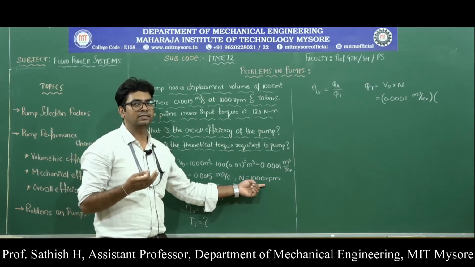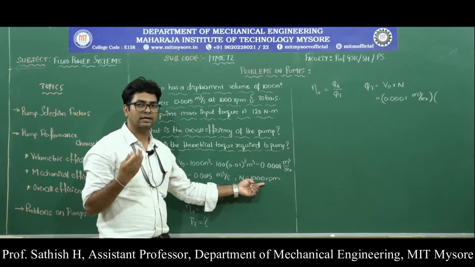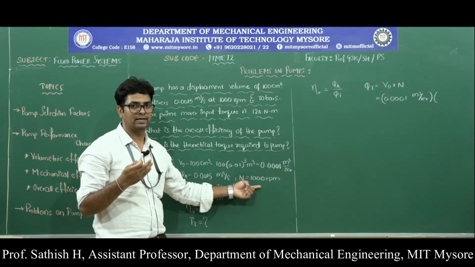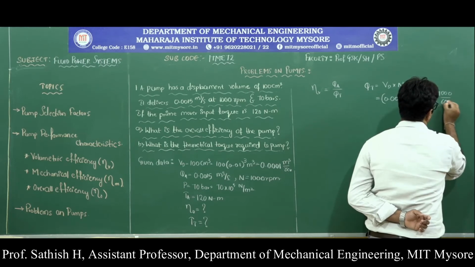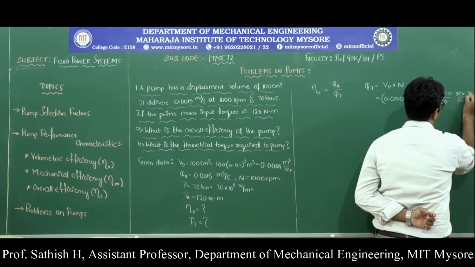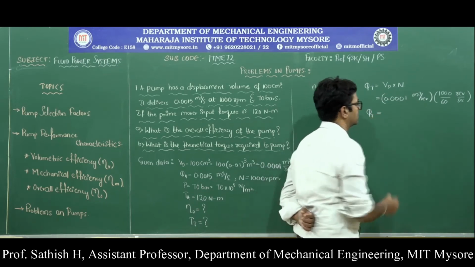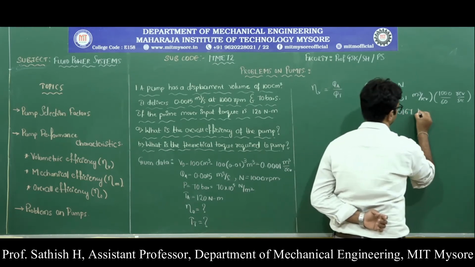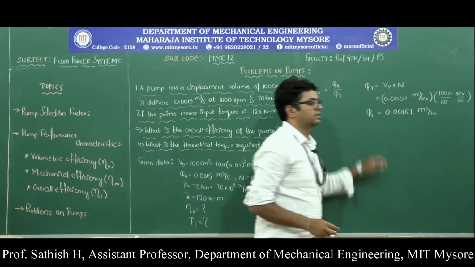We convert revolutions per minute into revolutions per second by dividing 1000 by 60, which is RPS. Multiplying, we get the theoretical flow rate as 0.00167 meter cube per second.